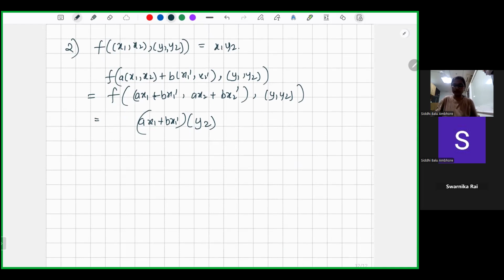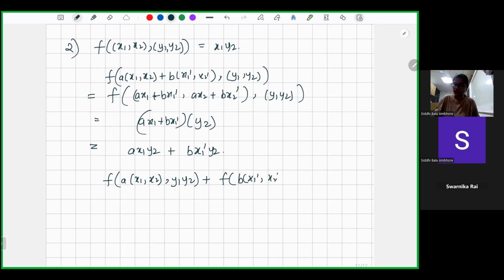Right? So this is my a x1 y2 plus b x1' y2. This is what I got. And separately, the left hand side is this: a x1 x2 comma y1 y2 plus b f of x1' x2', comma y1 y2.